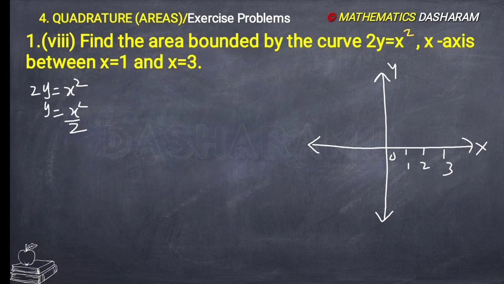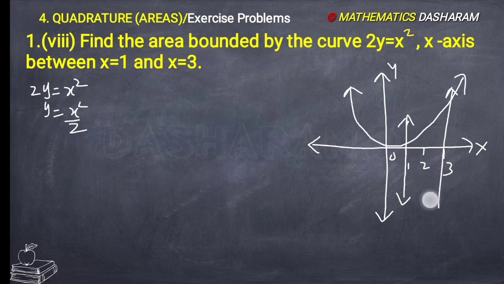So x square by 2, no constant number here, then it will pass through the origin. And here the ordinates are x equals 1, here is x equals 1, x equals 3. So here let's shade them. This area we have to find out.